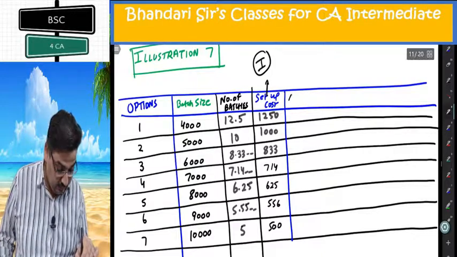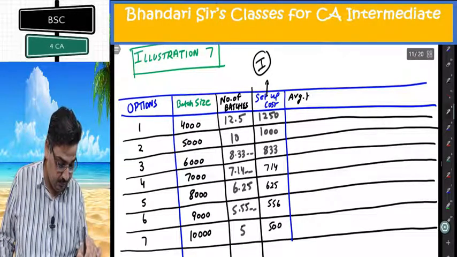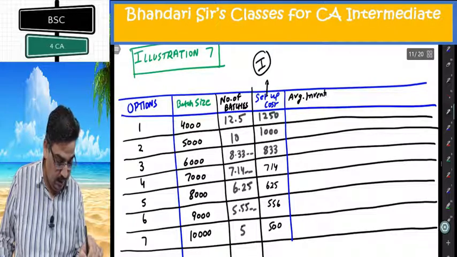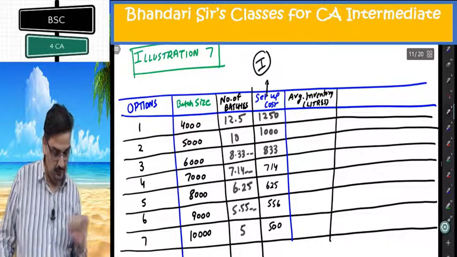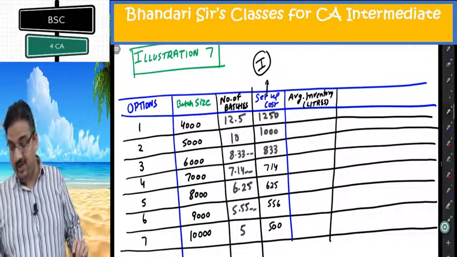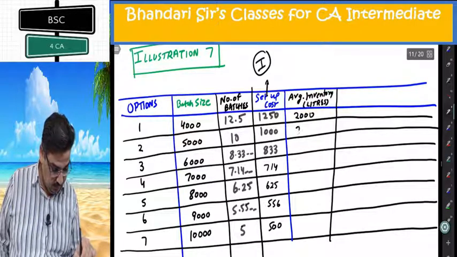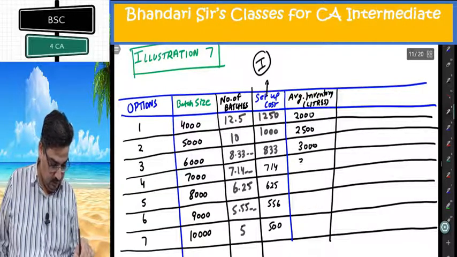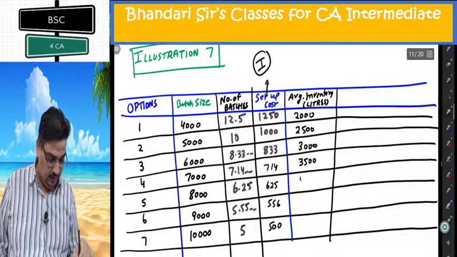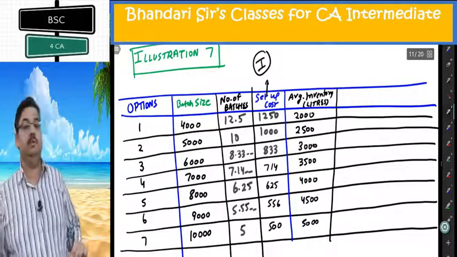Let us compute first the average inventory in liters. Batch size is 4,000 liters, average inventory 2,000, 2,500, 3,000, 3,500, 4,000, 4,500, 5,000.